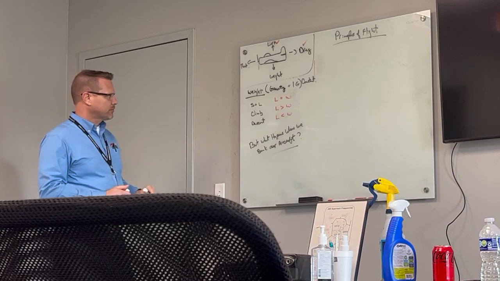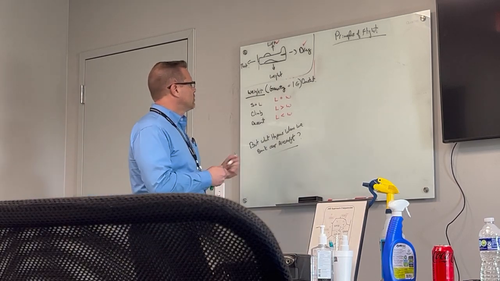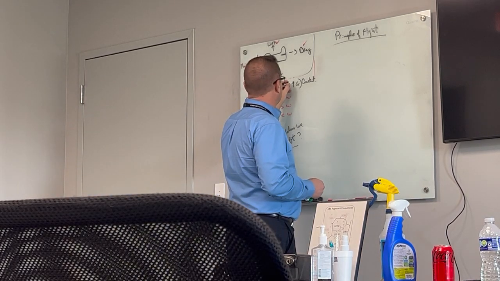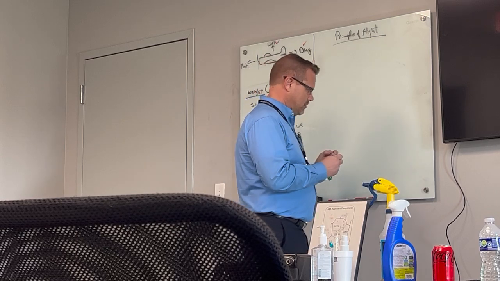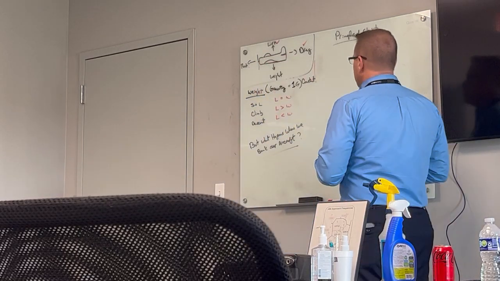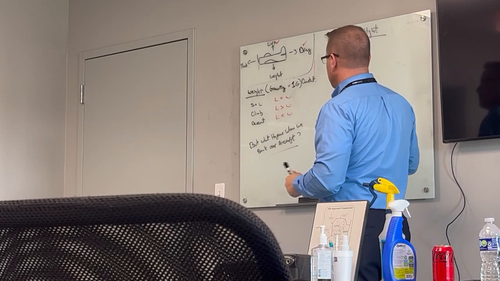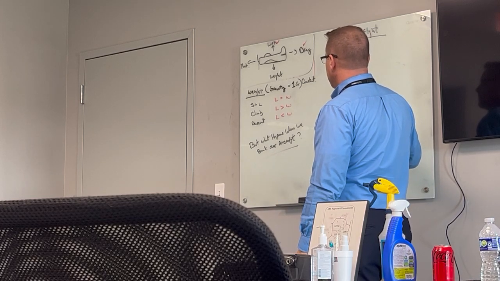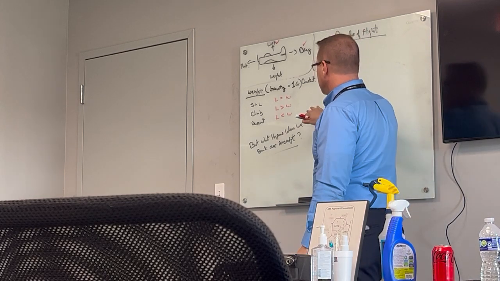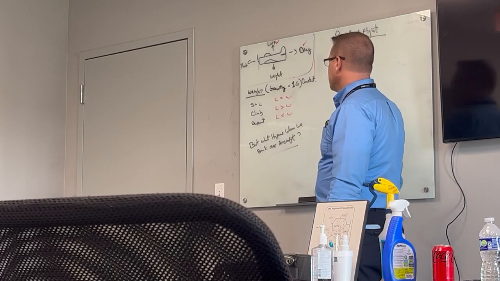So this is 1G. The normal weight of the aircraft as it's sitting on the ground. A couple quick things, obviously. In straight and level, lift equals weight.